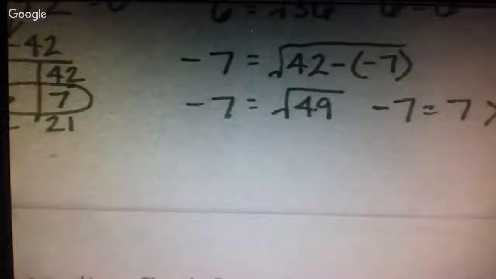Oh, so it should be. But look, that's not what they asked him right there. They asked him, does negative 7 equal the square root of 49? Yeah, it does, because negative 7 squared is 49. But it's not the exact same thing. The square root of 49 is 7 or negative 7. It works.